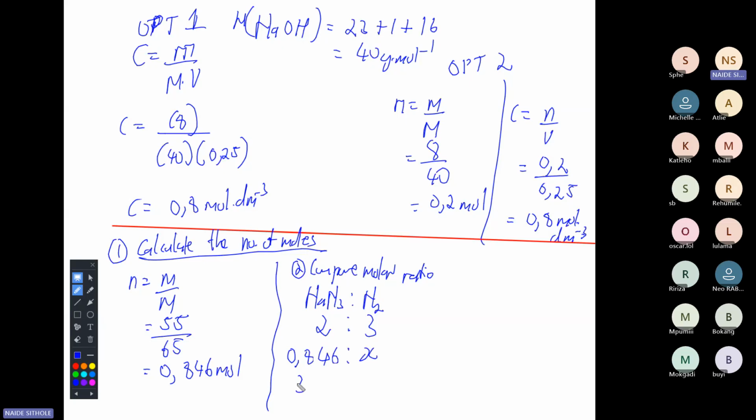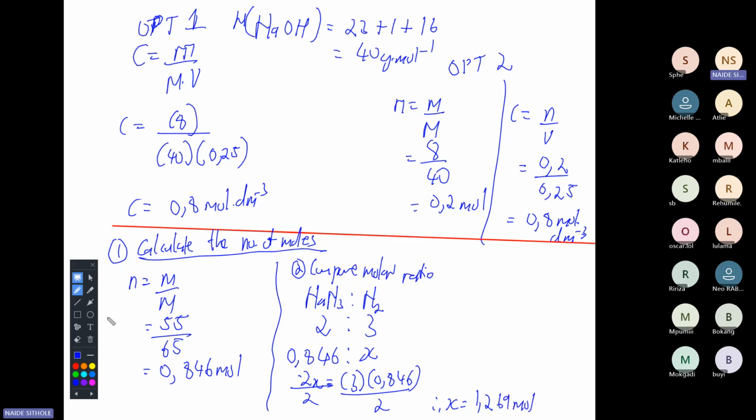Then 3, this will be 2x. 2x equals 3 multiplied by 0.846, then divide both sides by 2. Therefore, our x becomes what? 3 times 0.846 over 2, which becomes 1.269 mole. But then what do we want?